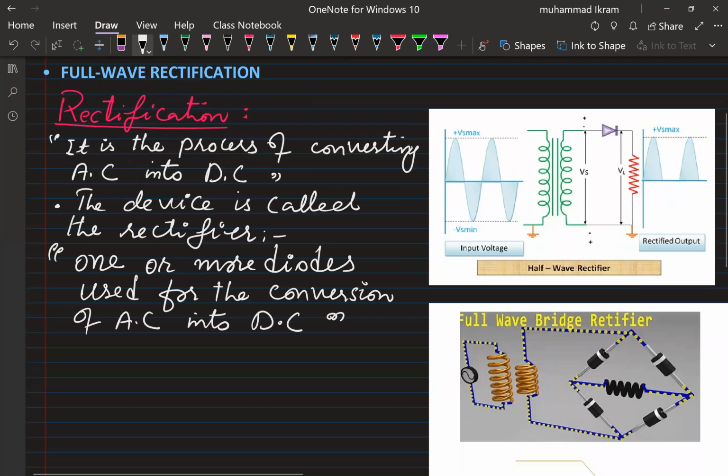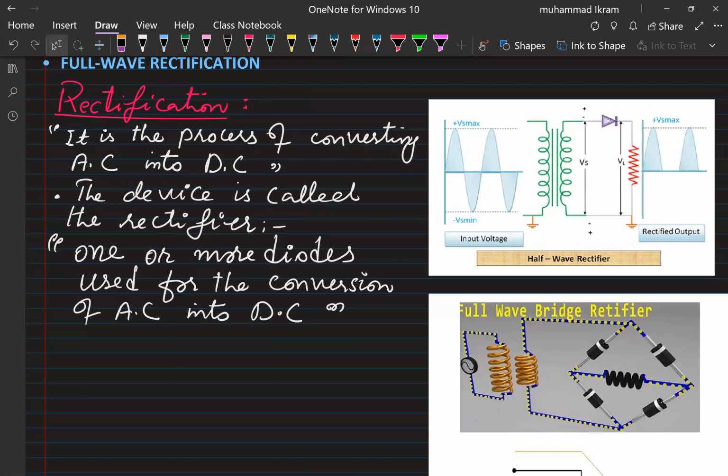This is the rectifier. Now let's see, as I told you, one or more diodes are used.